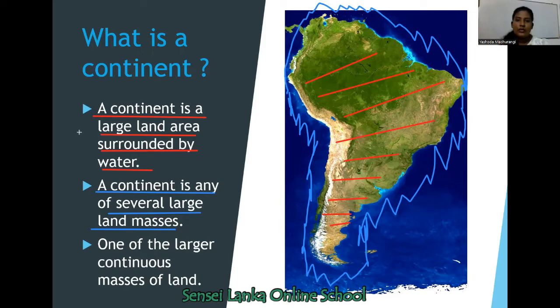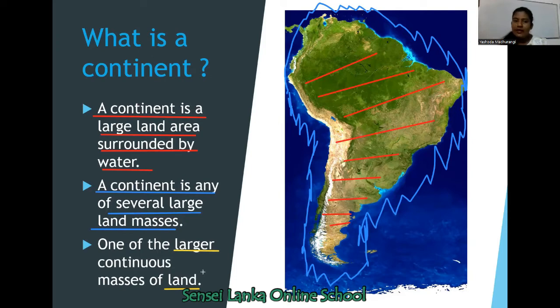So shall we go to the third definition? There also you can see larger here, land here. So very easy to remember. In all the definitions, it is saying it is a land area. It is very large. One of the larger continuous masses of land.